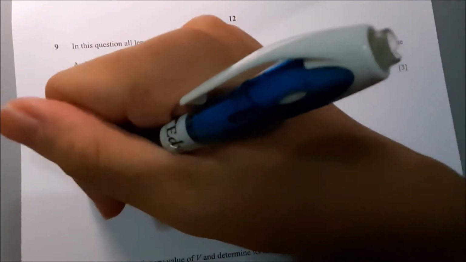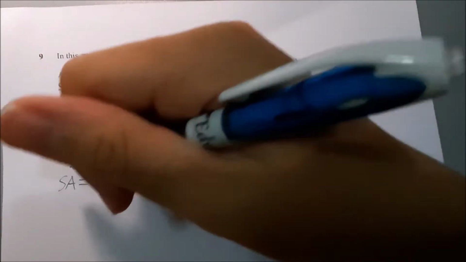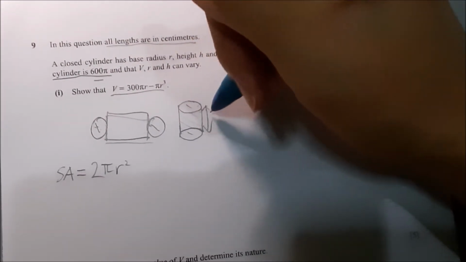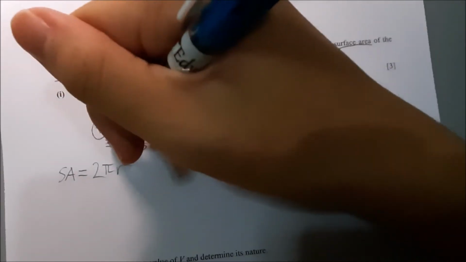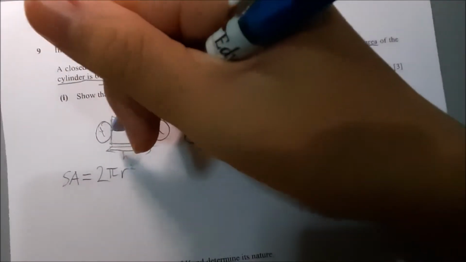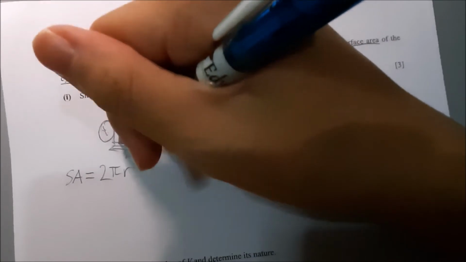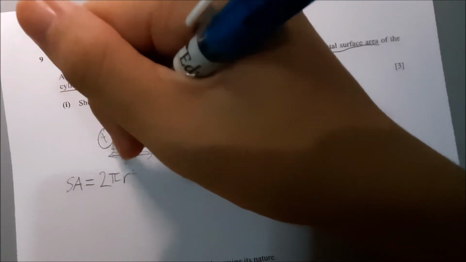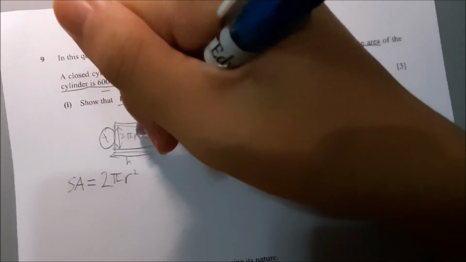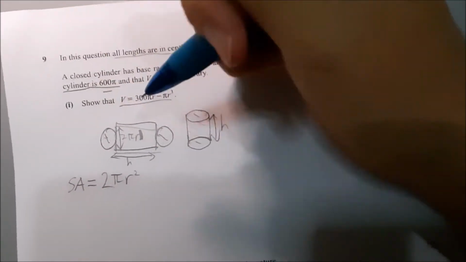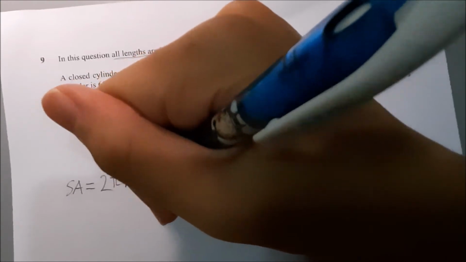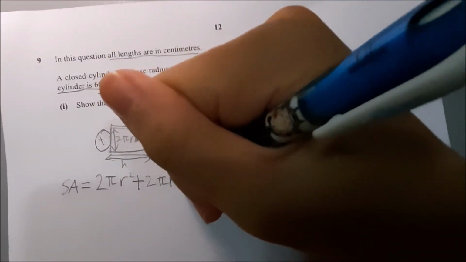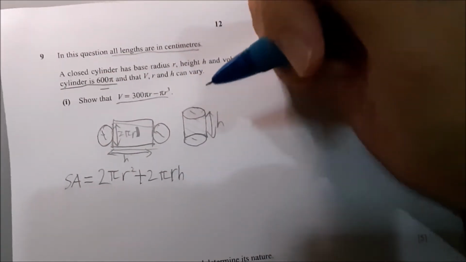Actually, we are getting the surface area of the cylinder. So surface area equals 2 pi r squared plus the rectangle. The height of the cylinder is the length of the rectangle, and the width of the rectangle is the circumference of the circle, which is 2 pi r. So the area of the rectangle becomes 2 pi r h, as you're multiplying these two.